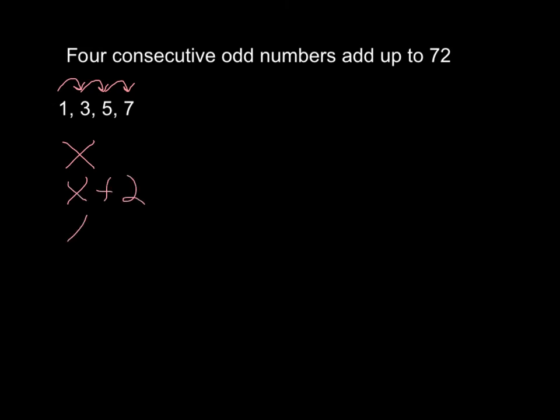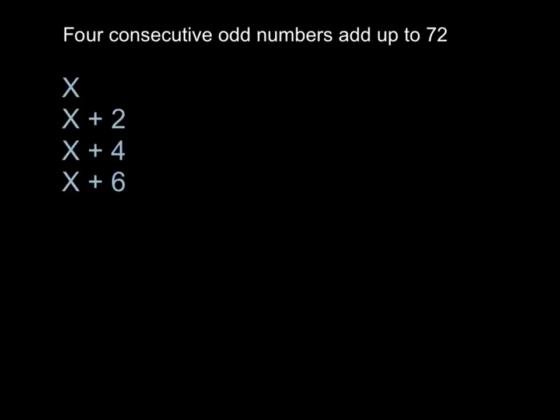The third one is x plus 4. And the fourth one is x plus 6. Remember that both even and odd numbers go up by 2's. So even though I have 4 consecutive odd numbers, we're still going to use x, x plus 2, x plus 4, and x plus 6 to add up to 72.